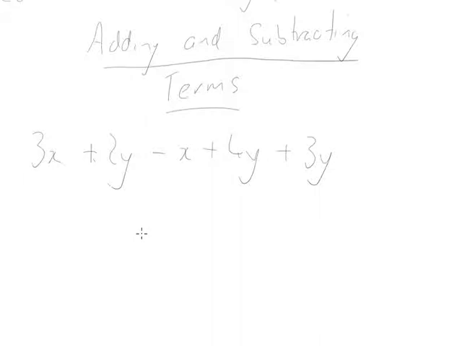What we can do here is simplify this. Looking at terms, I've got 3x, 2y, minus x, 4y, and 3y.